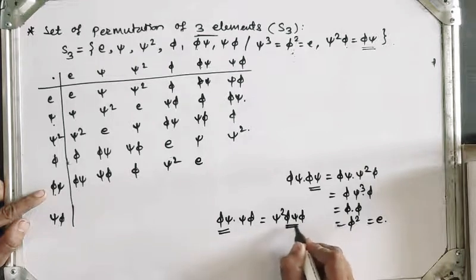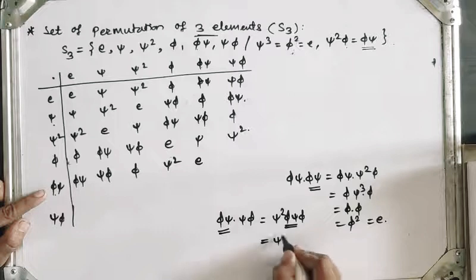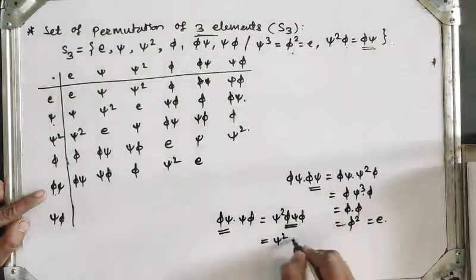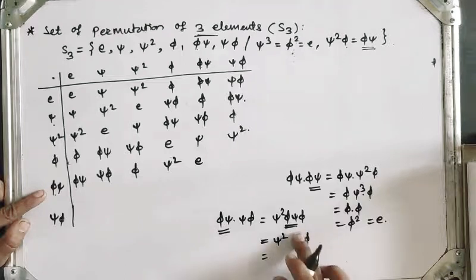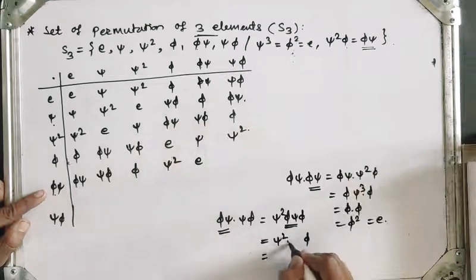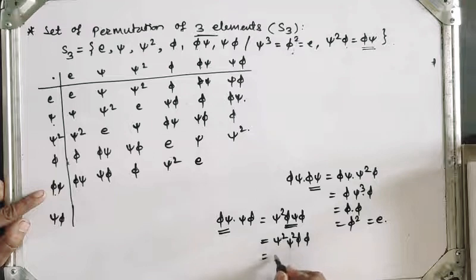So phi psi is psi square as it is. Here I get psi square phi. Here I get psi raised to 4 means psi cube into psi, and here phi square. Psi cube is identity into psi into identity. So finally I get only psi.